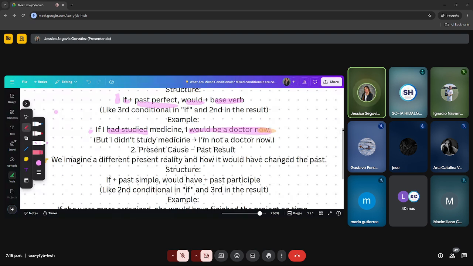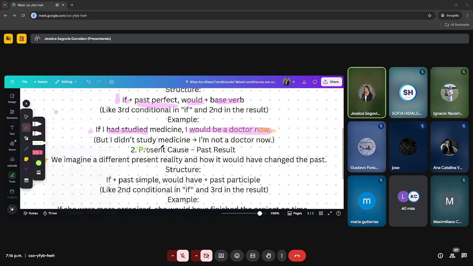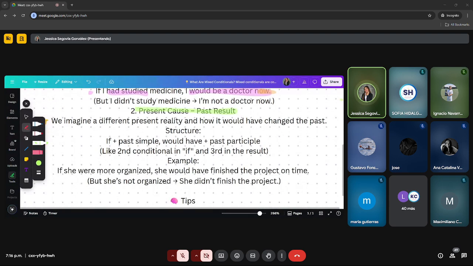Okay, the second type of mixed conditional we have is here, present cause, past result, or present situation with a past result, something that is probably going on in this moment, but that had results in the past.